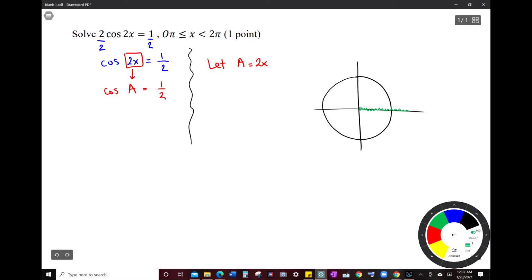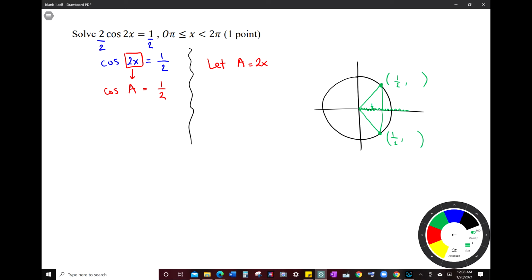So I have one angle right here and the other angle will be right here, and my x coordinate is 1/2 for both points.